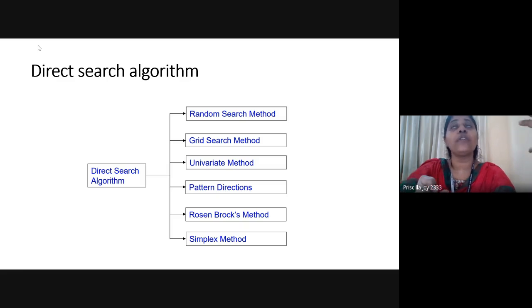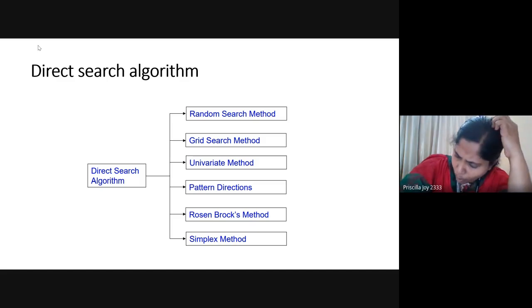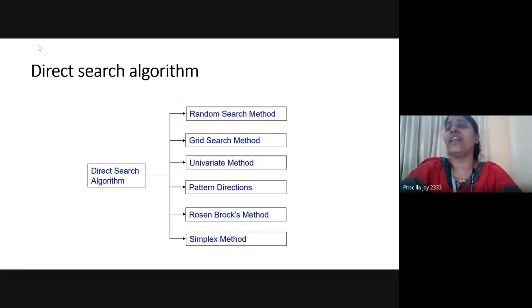So what we are supposed to do is calculate the solution at each and every grid point, and then consider the optimum solution. What is the disadvantage of the grid search method?